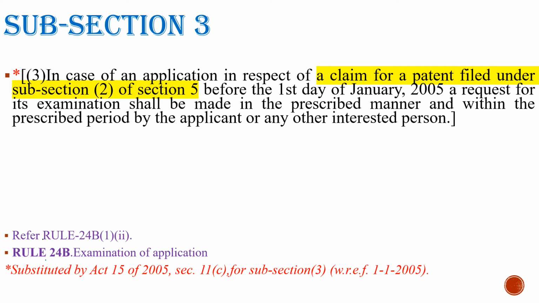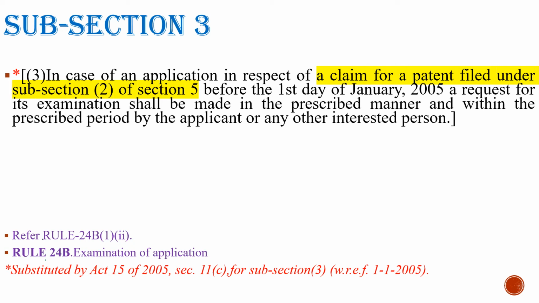Subsection 3 says, in case of an application in respect of a claim for a patent filed under subsection 2 of section 5 before the first day of January 2005, a request for its examination shall be made in the prescribed manner and within the prescribed period by the applicant or any other interested person. Actually, friends, as section 5 is mentioned here, I would like to tell you that section 5 is not existing now.